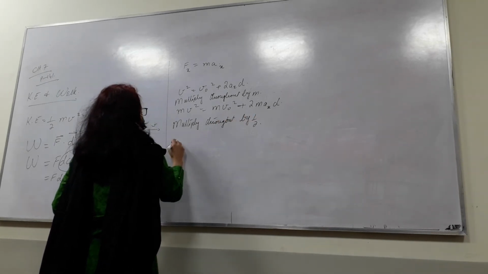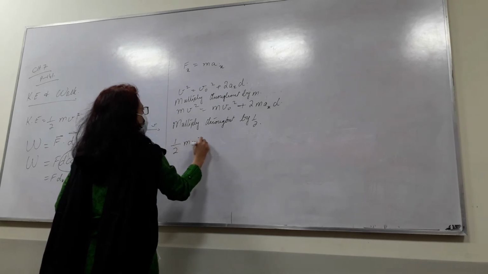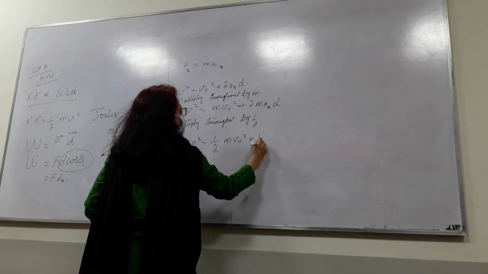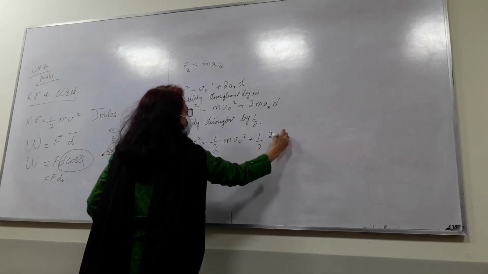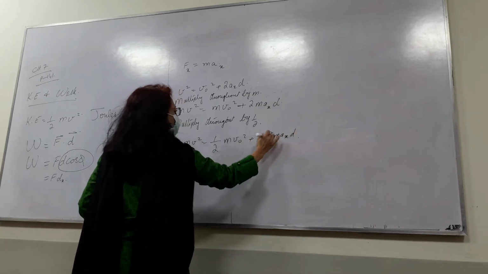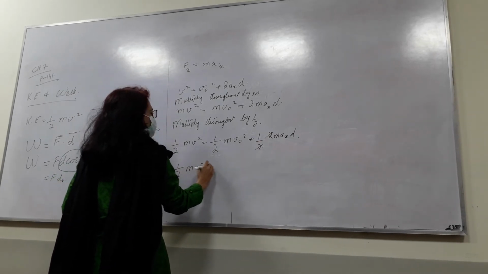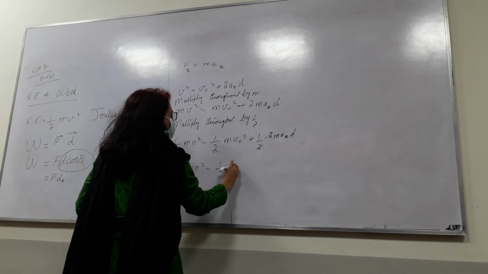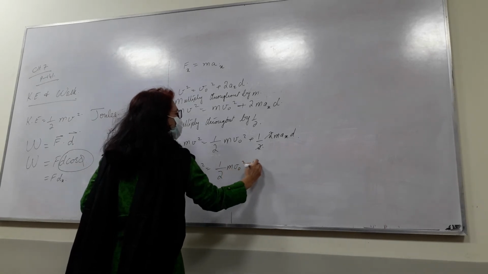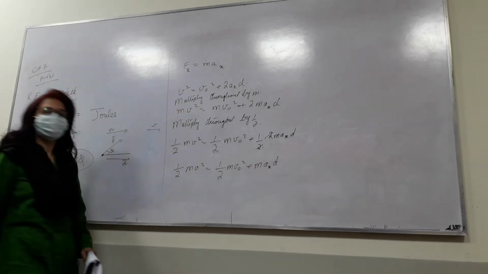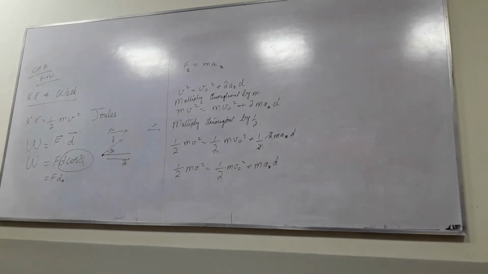If you do this, you get half mv squared is equal to half mv naught squared plus half into 2 max into d. You can see that this cancels out and you are left with half mv squared is equal to half mv naught squared plus max into d. Is that clear? We are just playing with the simple equations that we are already familiar with.